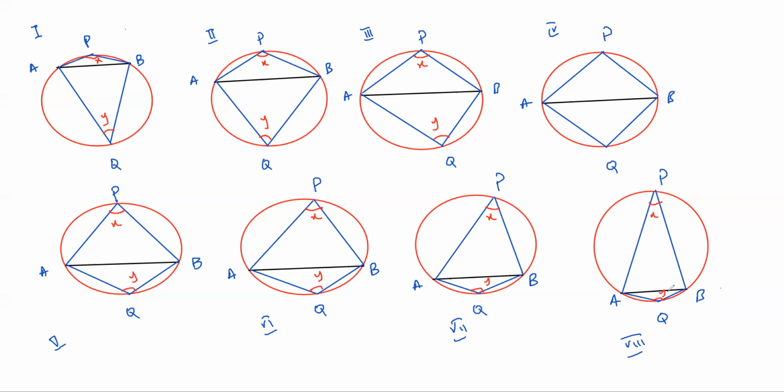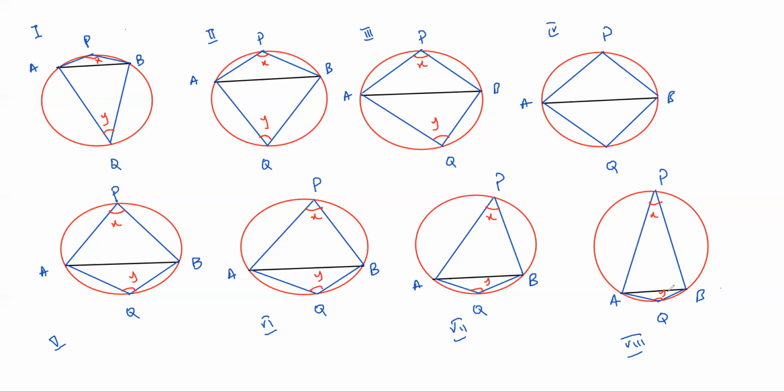Now, can you notice that the bigger the segment, the smaller the angle on its circumference. If you look at diagram 1, the lower segment is a very big, major segment, but the angle Y is very small in it.